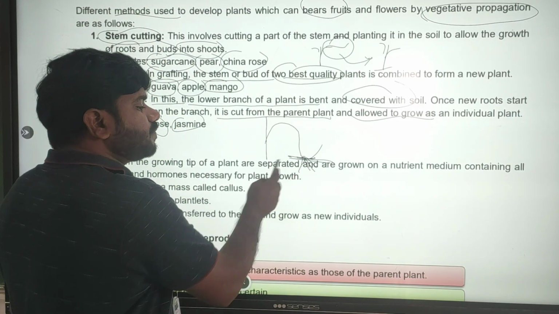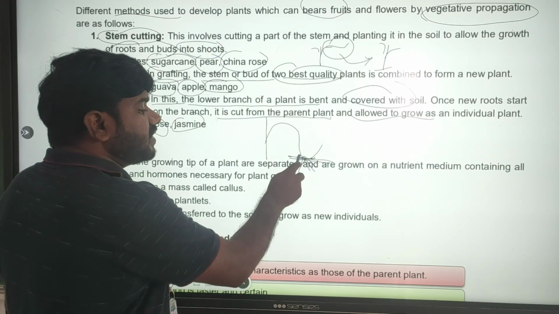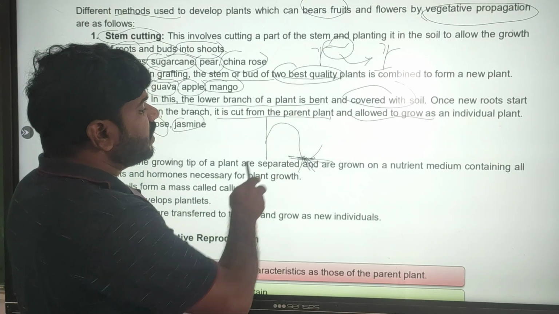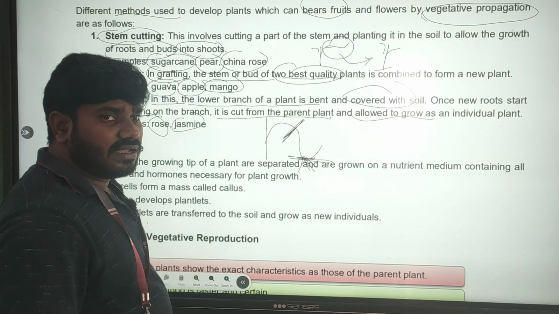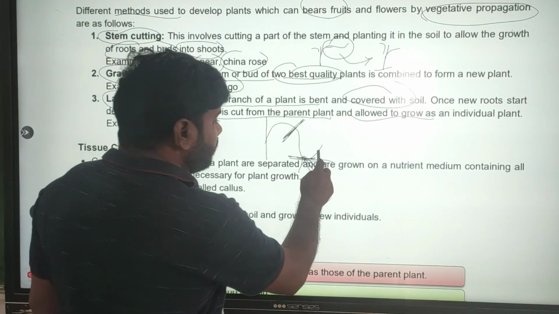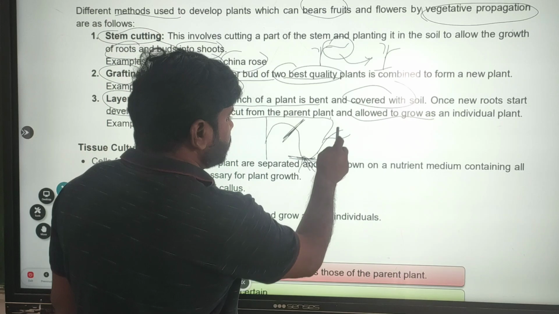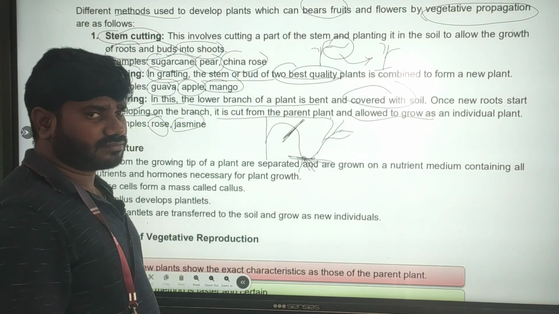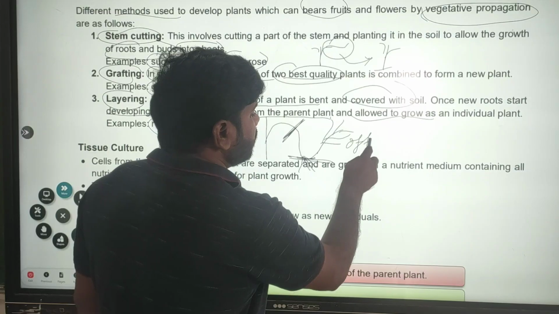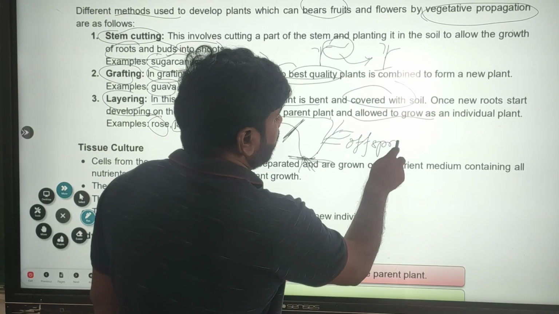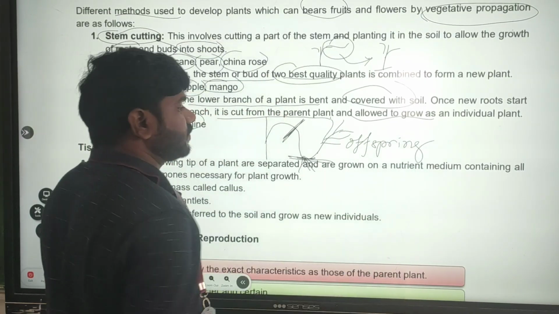Once the root formation starts, we have to cut the stem. If you cut the stem, there will be development of new stem, roots and leaves, and it becomes a new offspring, a new organism.